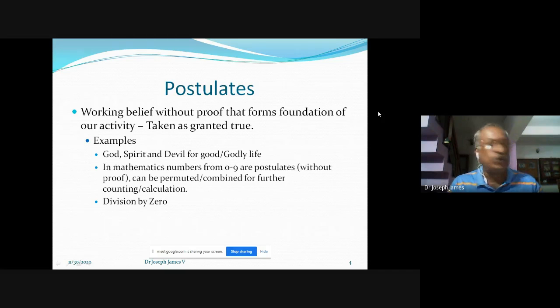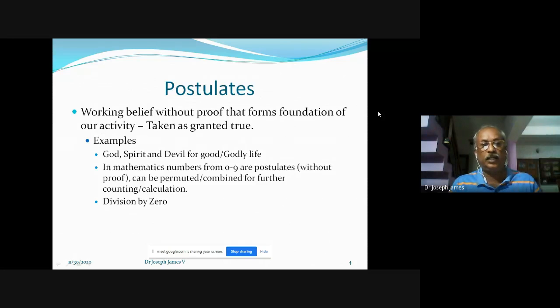Numbers from 0 to 9 are generated without proof, and they can be permuted or combined for further counting or calculation. For furtherance, we require some so-called theories without proof, and such theories may be considered postulates. These are also not hypotheses actually.